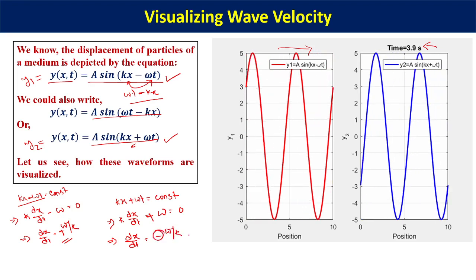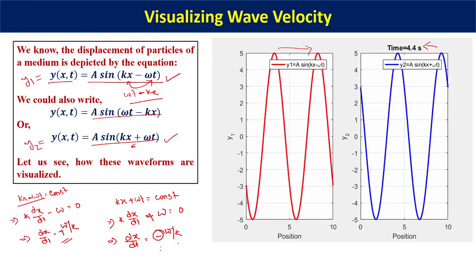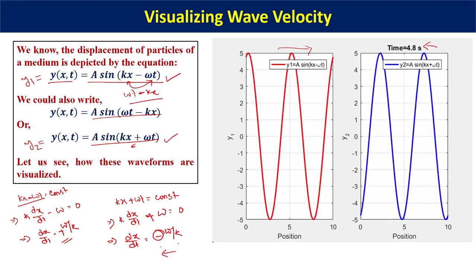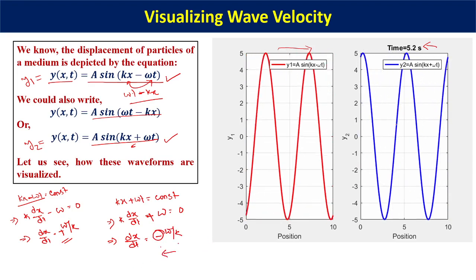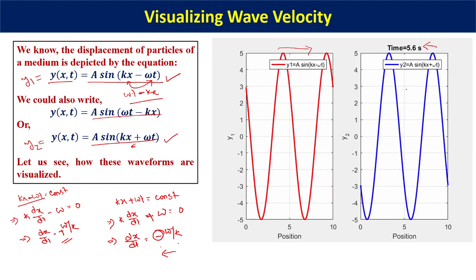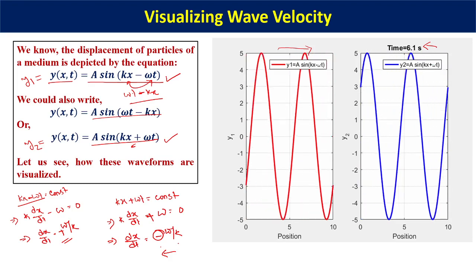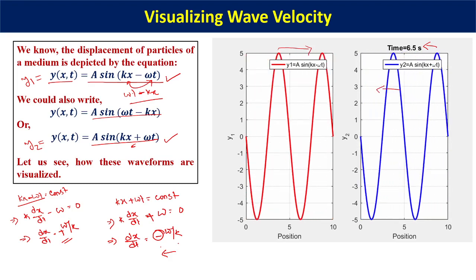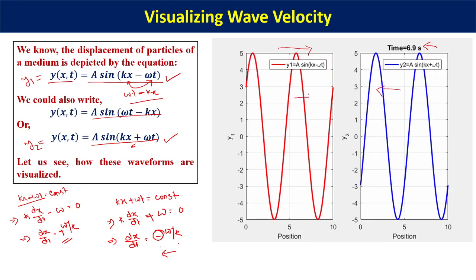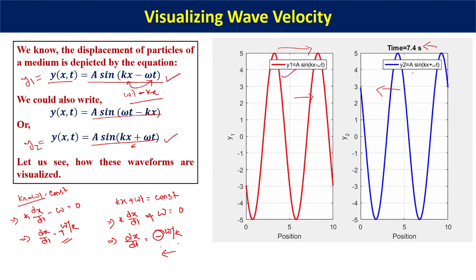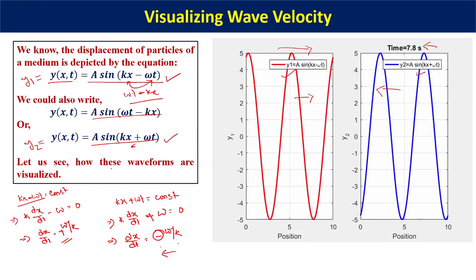So a negative sign appears, and the wave must go from right to left, or in the negative x direction. The same thing you can see exactly in this particular figure. In this case, the wave is moving towards left, this wave is moving towards right, and their expressions are given as we have already proved here.